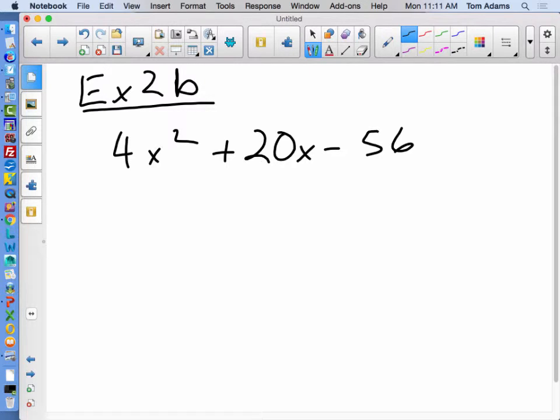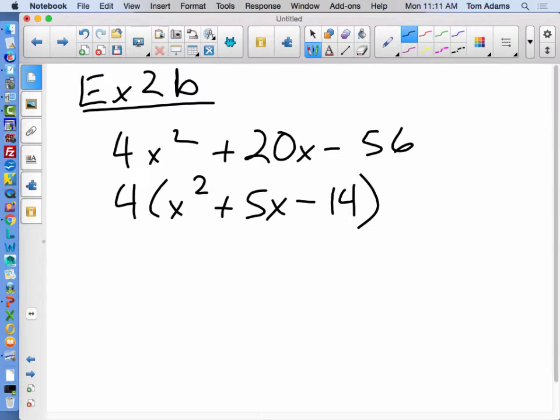First of all, if I look at this, if I were to do that prime factorization thing, you would see that 4 goes into all of these numbers. So I'm going to factor out the 4 first because it makes my life a little easier. So this would be x squared plus 5x minus, what do we multiply 4 by to get 56? 14. Are we sure? Yep. 16 and 40, yep. You're right.